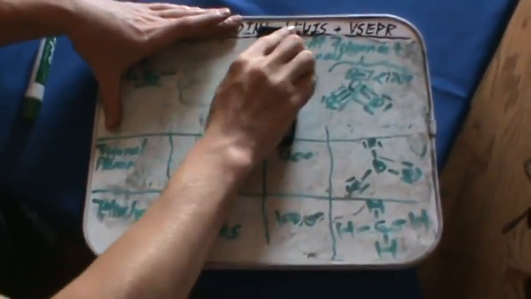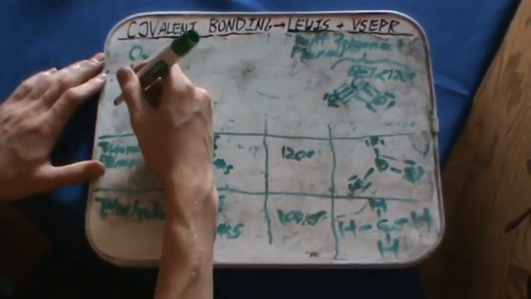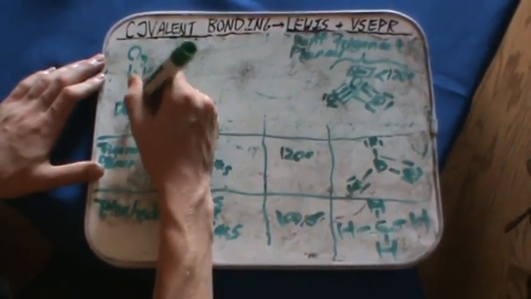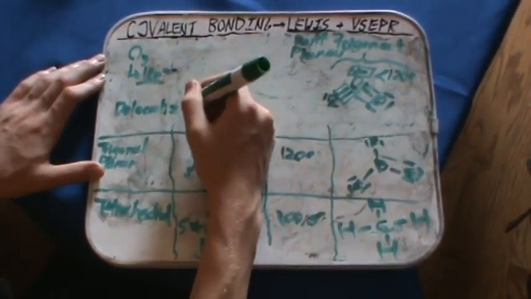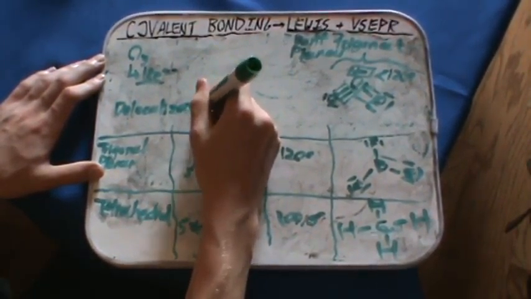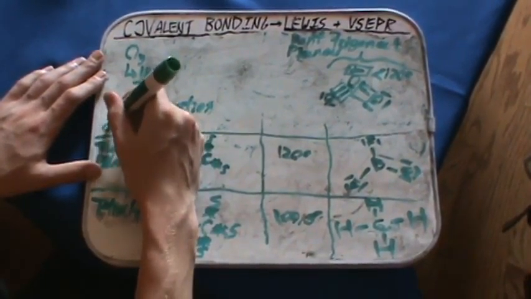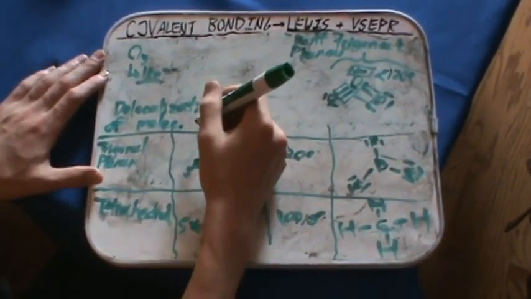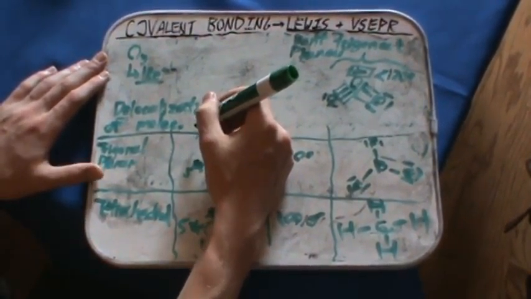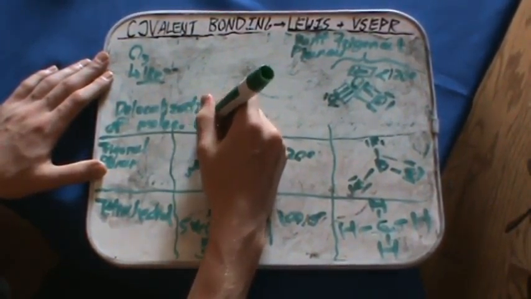It has what we call a delocalization of a molecular orbital, and what we will come to know in the hybridization video as a pi molecular orbital.